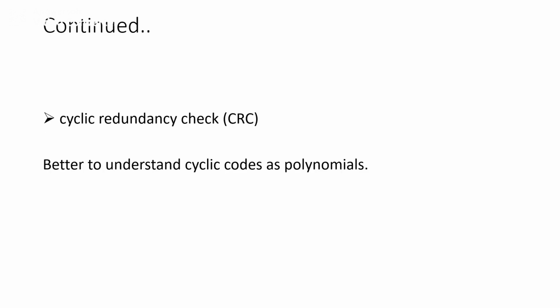In order to understand CRC in a better way, we need to take it as a polynomial. We know a polynomial, for example, x to the power 6 plus x plus 1.